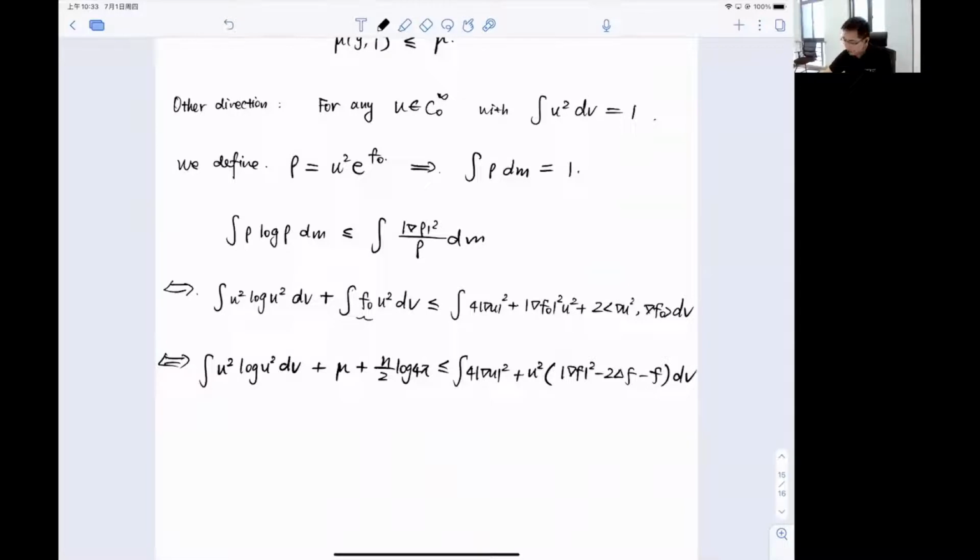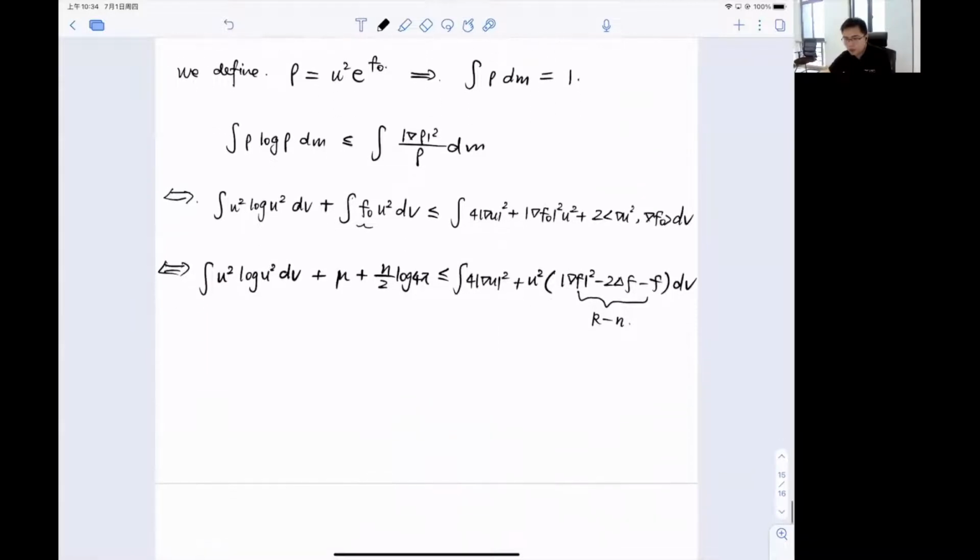Now the expression in the bracket can be rewritten as the scalar curvature minus f. Here we simply use our identities again. Now, since the integral of u squared is equal to 1, by moving the last term to the left-hand side and the first term on the left-hand side to the right-hand side, we obtain the inequality we need.